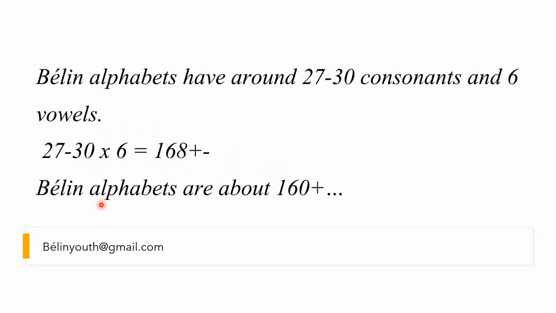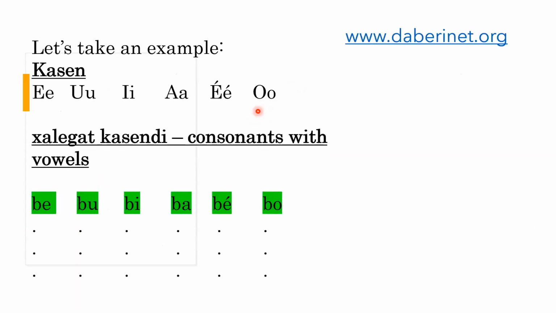We have about 160 alphabets, just bear with me. Every vowel has to be paired with a consonant, so every consonant is multiplied by 6.